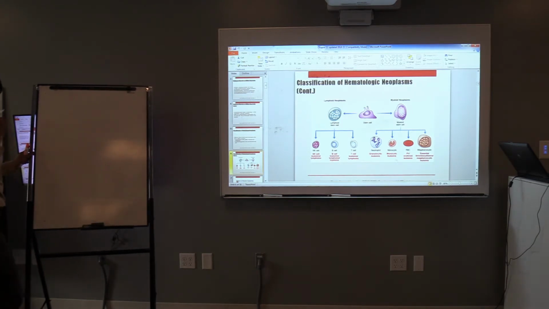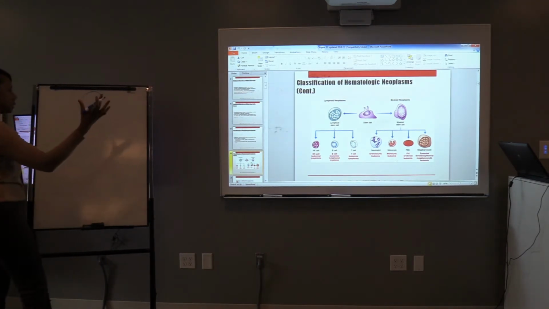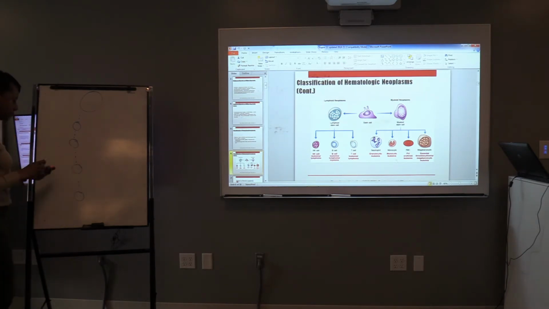So we have a stem cell, really big, and it goes through a maturation process to give rise to a mature cell.